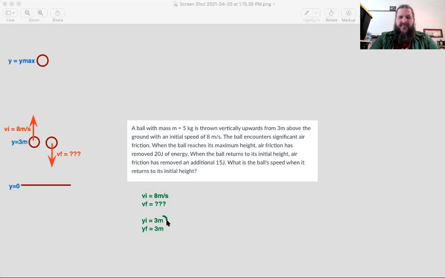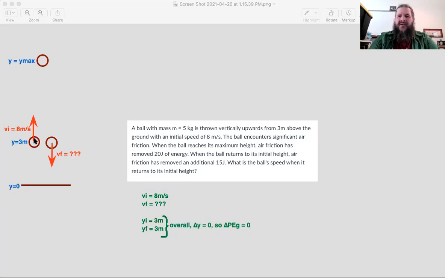The total change in potential energy is going to be 0. And that's really, I think, the main reason to choose those as our initial and final locations.